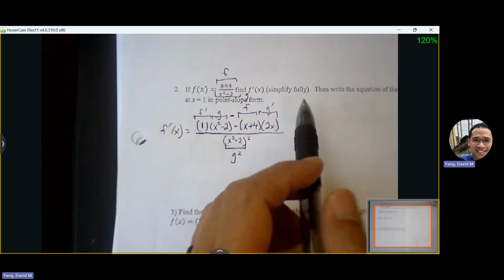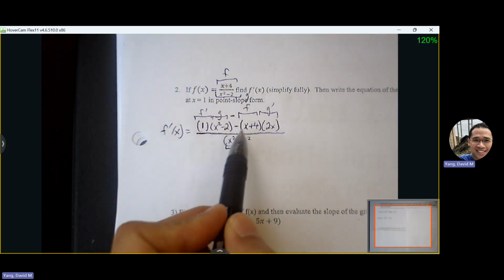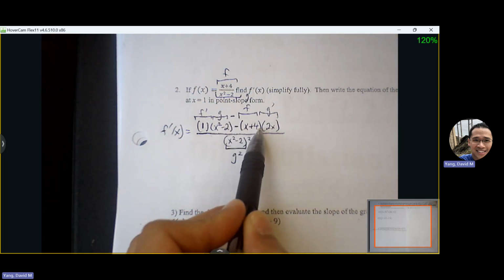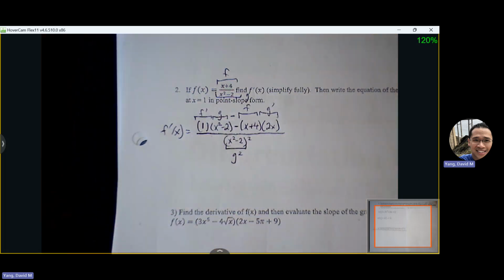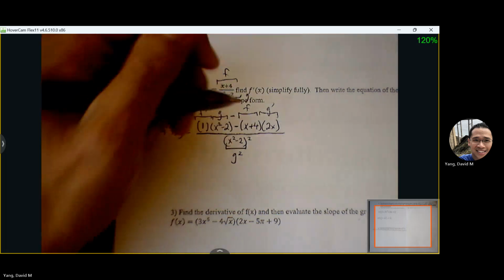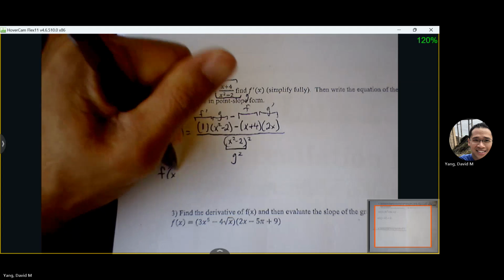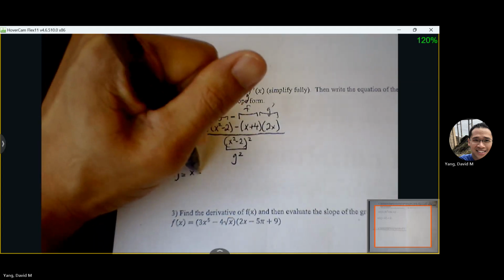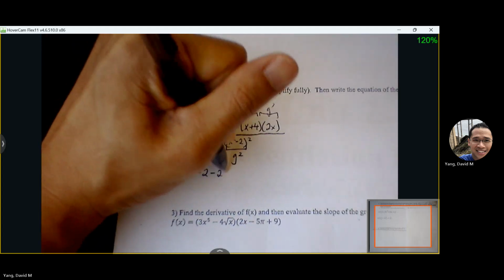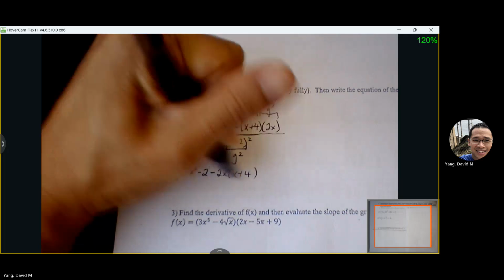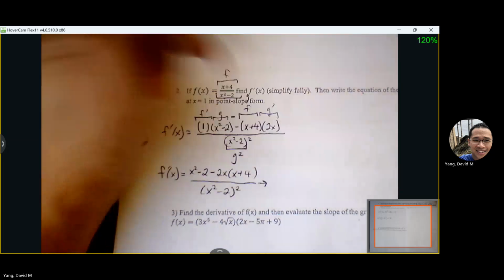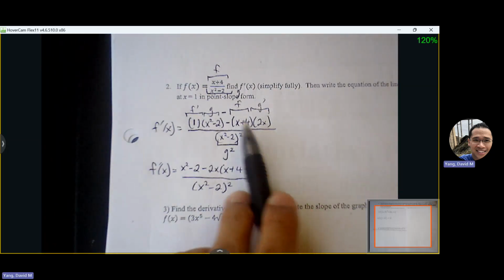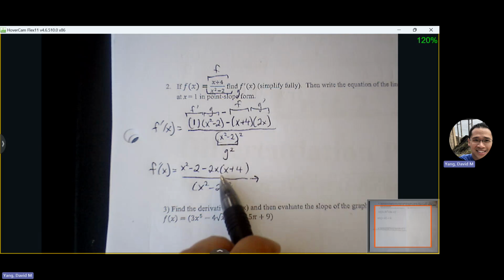Okay, once we have our derivative, it says simplify fully. So I'm going to distribute the 1 through, distribute the -2x through, but we can't cancel these out, right? We're breaking rules if we do that. I'm putting the 2x in front with the negative so that I can just do it all at once.